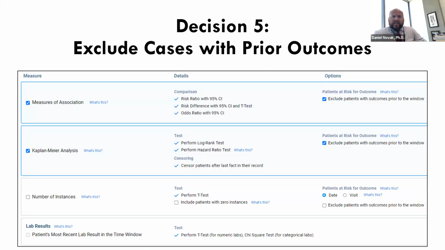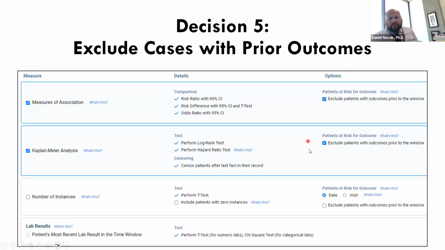Decision 5, exclude cases with prior outcomes. This is a checkbox. It's a very important checkbox next to your measures of association, your Kaplan-Meier analysis, and your number of instances. This checkbox over here, basically, I'm just going to highlight it over here.